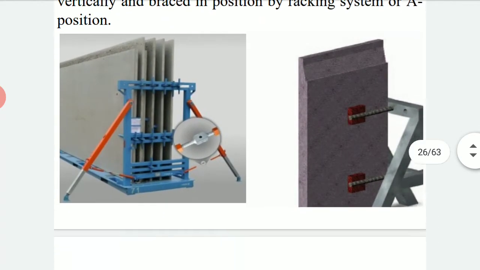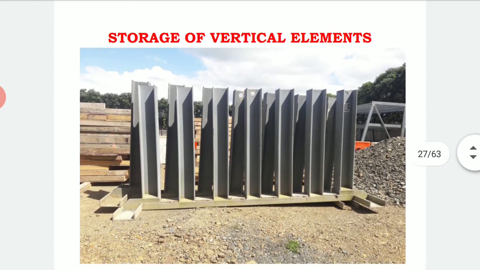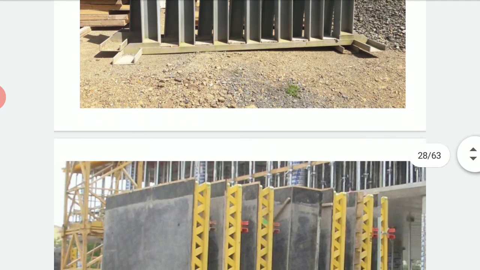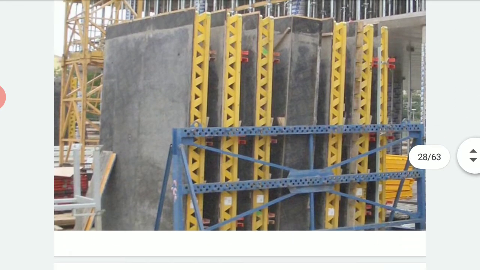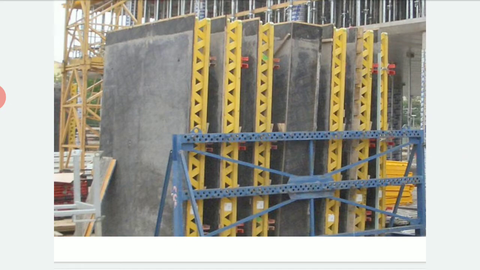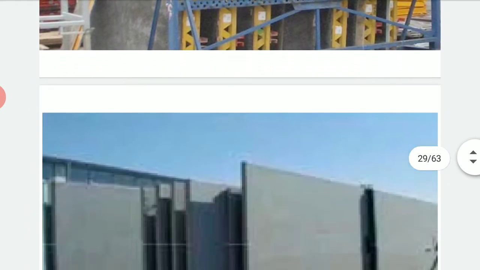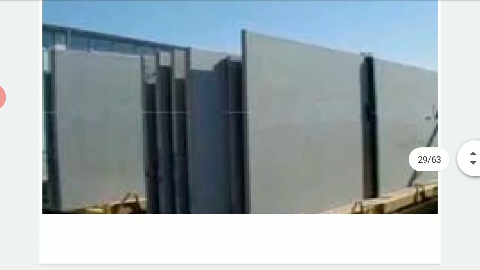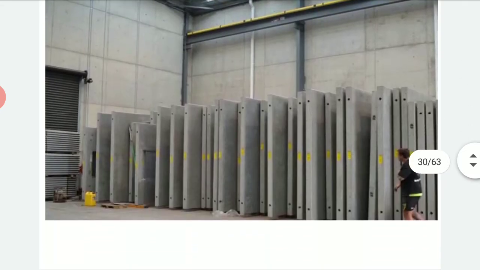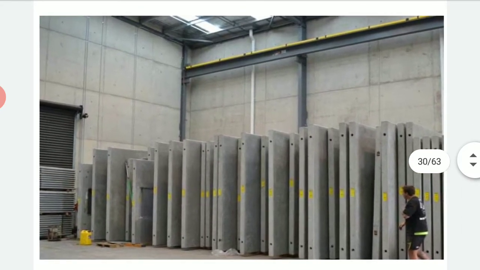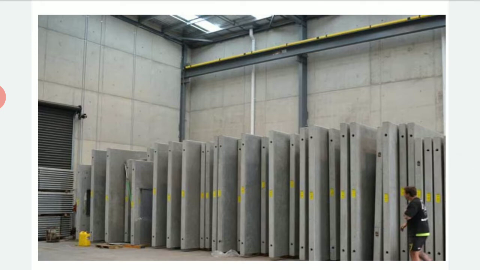Okay. And next, here you can see the storage of vertical elements, how exactly they have been stored by using different stands as well as racks, right? Here you can see the supporting system for these vertical members at the storing yards. And here also, this is in the manufacturing unit, in the factory.